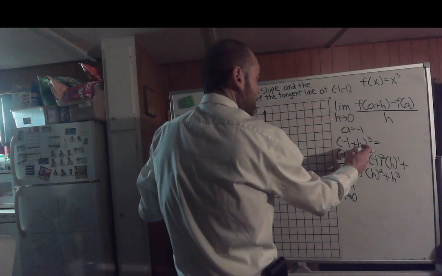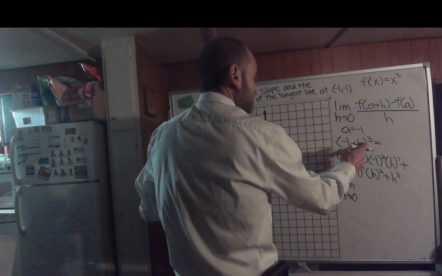If I take my -1 for my a value, because that's where I'm taking my instantaneous rate of change at, so -1 plus h, and I raise that to the third, this will simplify into -1 plus 3h minus 3h squared plus h cubed, minus that -1, because f of -1 is -1, all that divided by h.